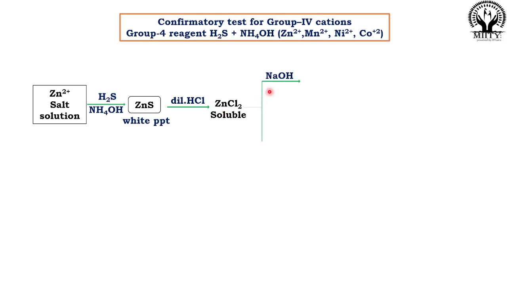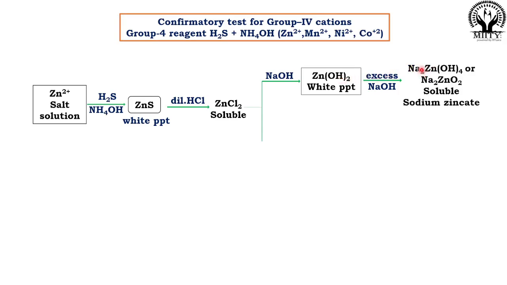To the first part, add sodium hydroxide so that Zn+2 combines with OH- and forms a white PPT of zinc hydroxide. To this white PPT of zinc hydroxide, add excess NaOH so that OH- combines with zinc and forms the complex Na2[Zn(OH)4].